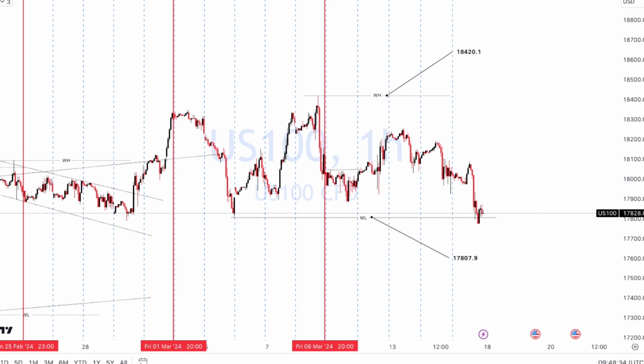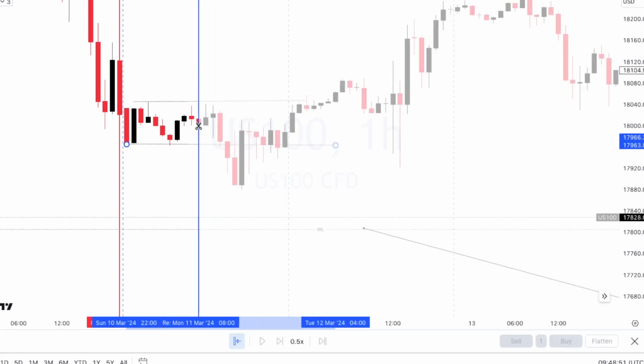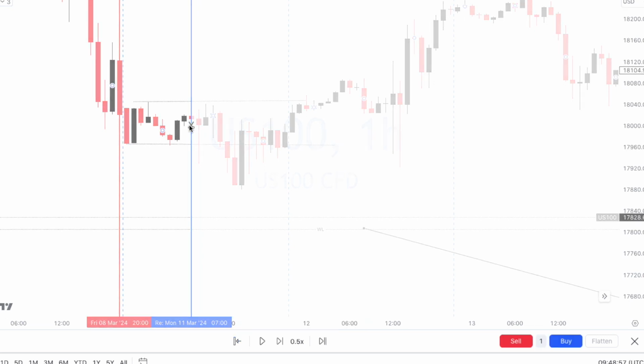Before I place my trades on the Monday, I'm just going to zoom into this area so you have an idea of exactly what I'm looking at. It's about 7 in the morning, so we're just going to cut all this part out.